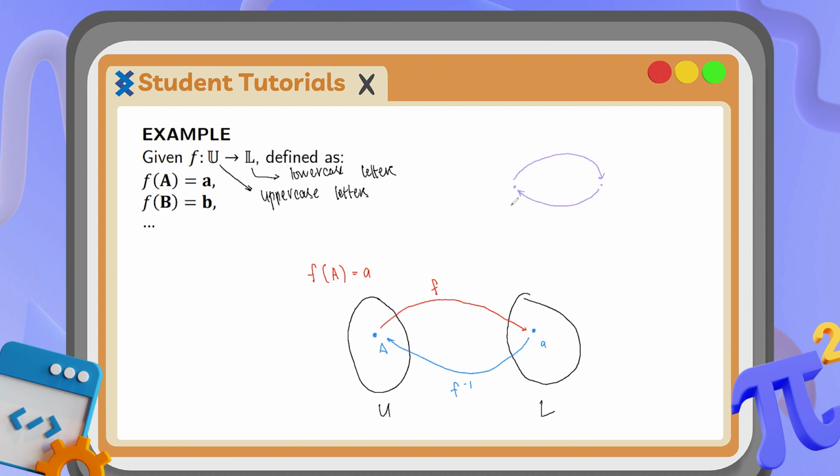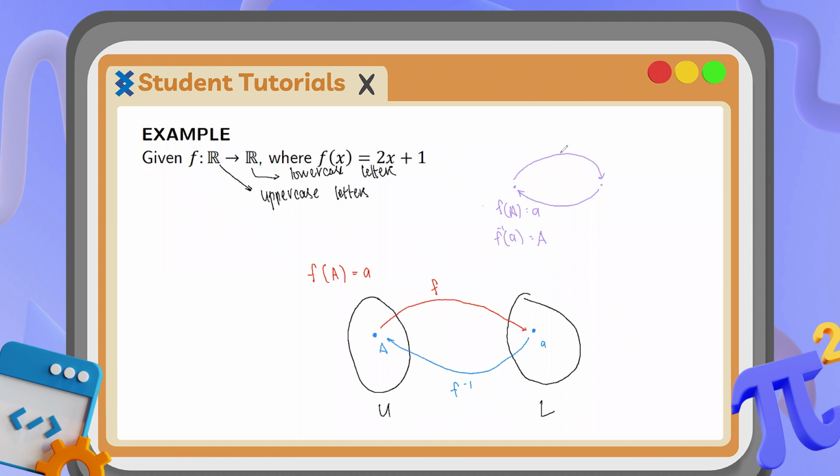So if I do f of A, I go back to small a. Then if I use f of negative 1 of a, I go back to capital A. And then if I go back to f of A again, I would get lowercase a. So it should be the same output every time you use the function or inverse function.